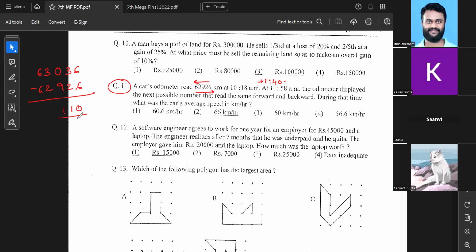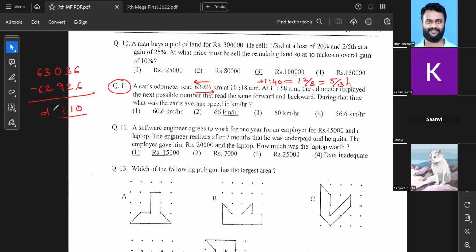So 110 kilometers is the distance traveled by this car in 1 hour and 40 minutes. So 1 hour and 40 minutes ko I can convert into a fraction as 1, and this 40 is basically 2/3. 1 hour and 2/3 of an hour. That should give me 5 by 3 of an hour.